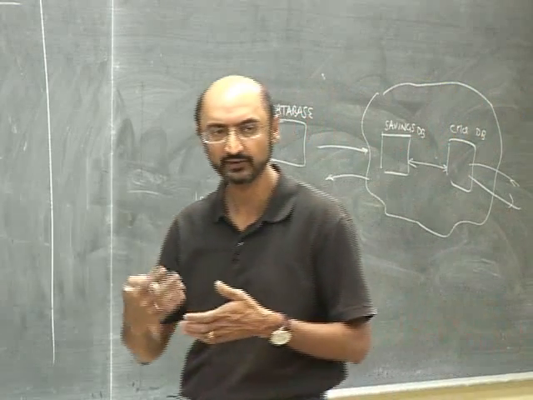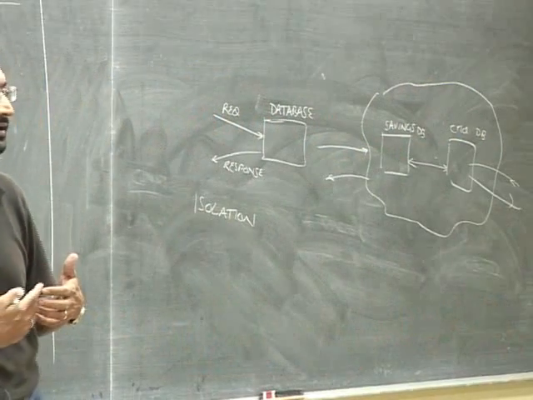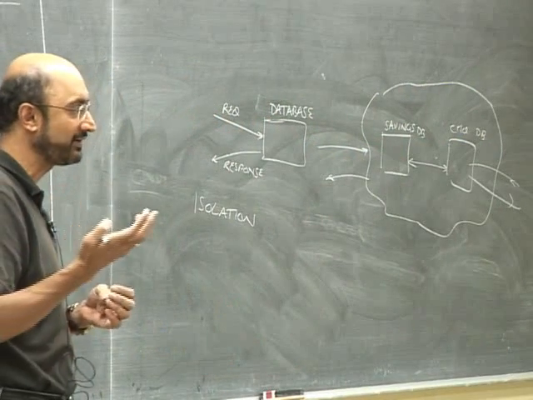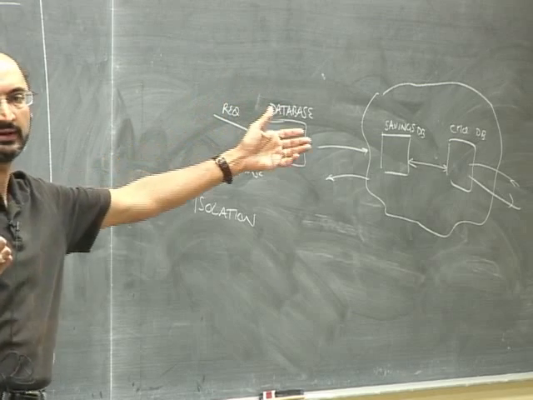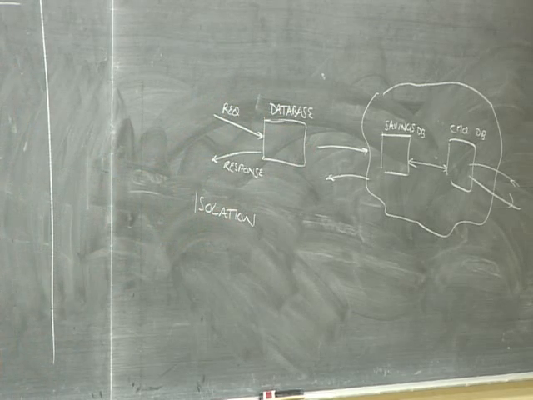Just because I'm moving money around between checking and savings, it should not be affected by whatever else is going on. The rest of the system could be doing whatever. I don't really care. I just want my stuff to happen independent of everybody else. And that's isolation. I'm isolated from the rest of the system.